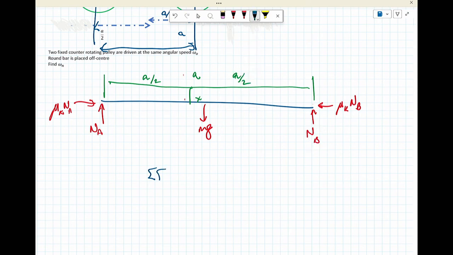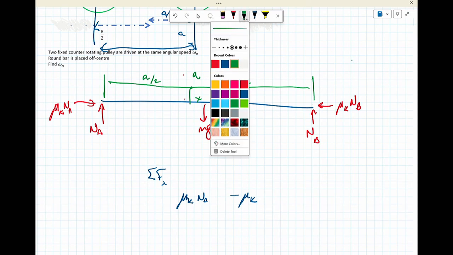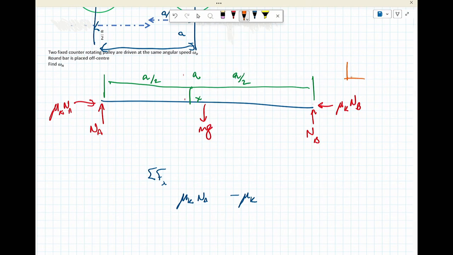So I have sum of forces in x, and that's going to be mu k NA minus mu k NB is equal to m x double dot. So I know that whatever's happening to this thing, there's an acceleration in the x direction.